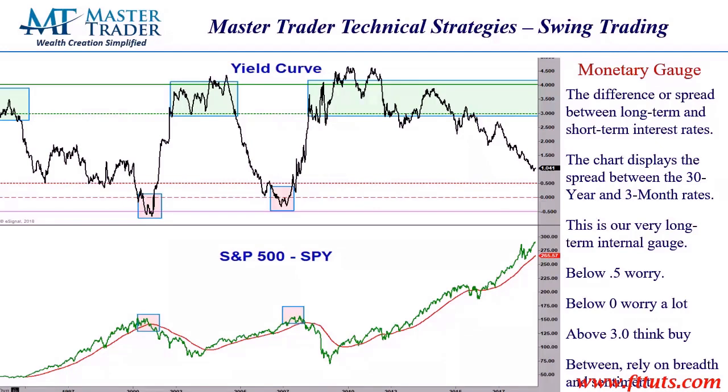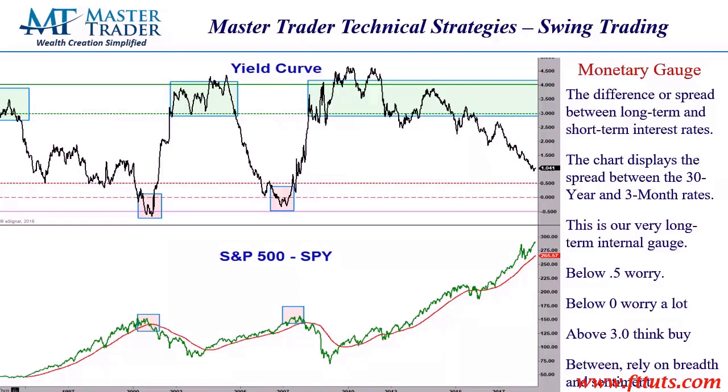I use the 30-year and the 3-month, the two furthest extremes. Some will use the 2-year and the 10-year. I've looked at both. They pretty much move together, so you're really not getting an advantage or disadvantage of one versus the other. They're going to move pretty much in lockstep with each other.